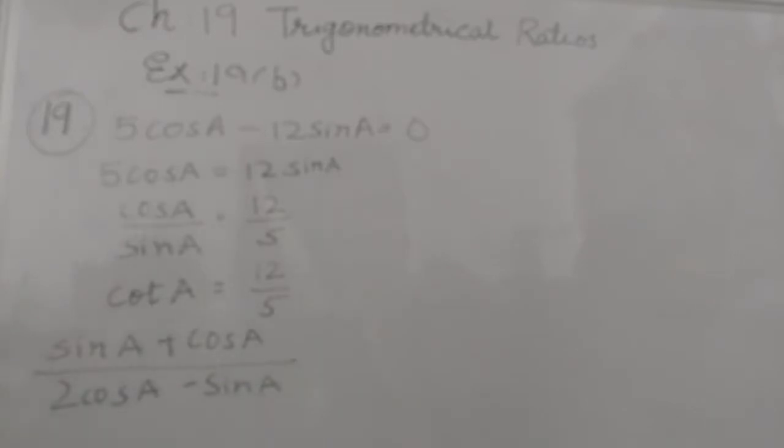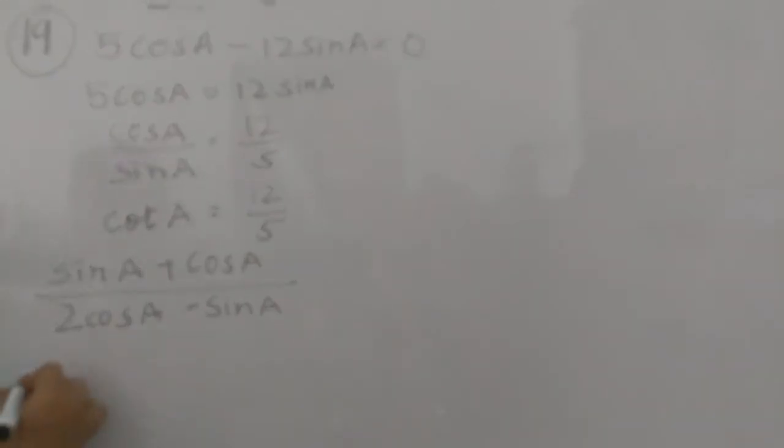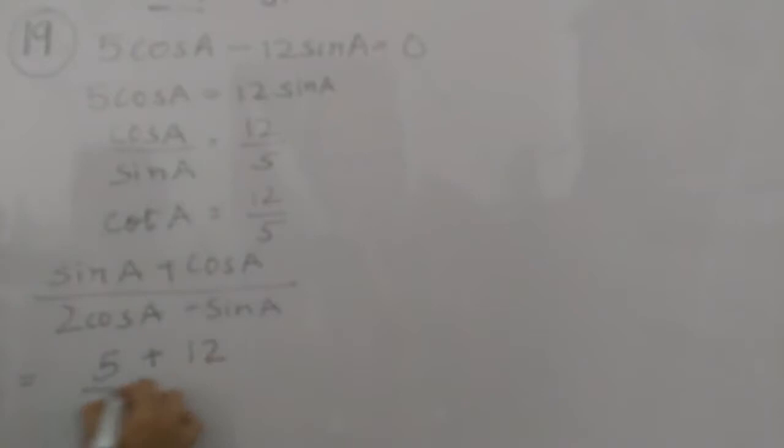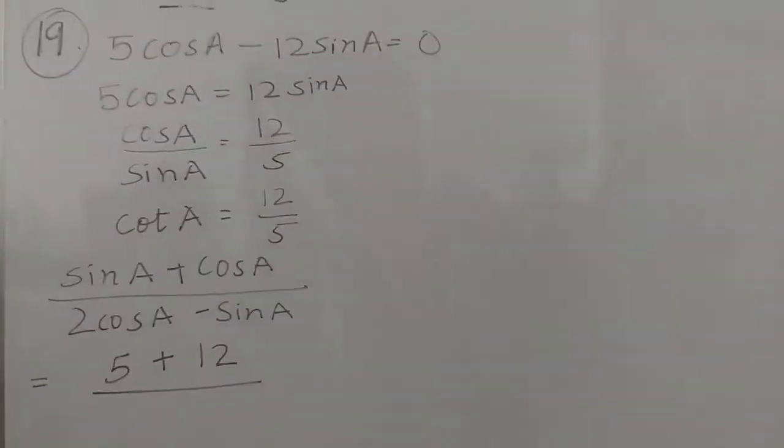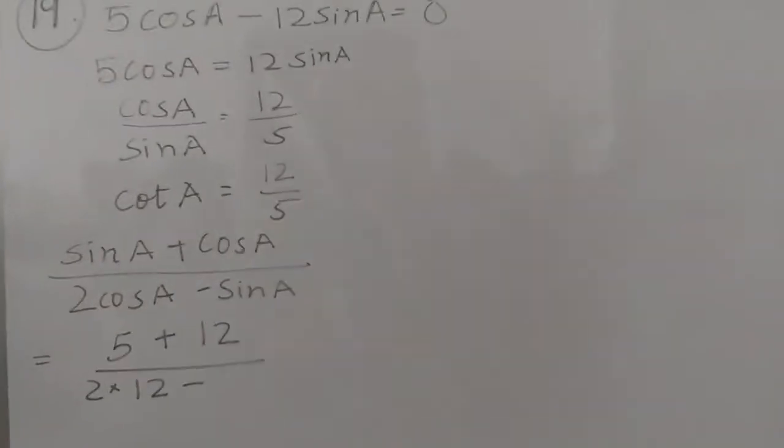Okay, so here we substitute our value, students. They are of sine A first. Sine A value here, from here only you get 5 plus cos A value is 12. In denominator with it 2 cos A. So 2 multiply cos A is 12 minus sine A. Sine A is 5.